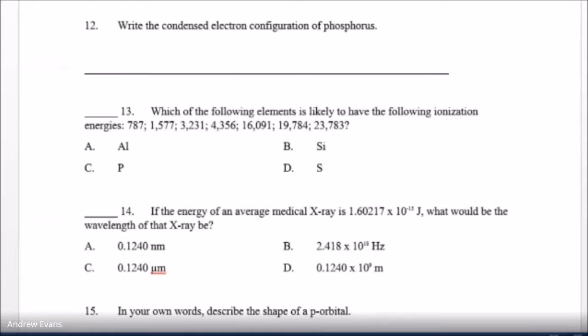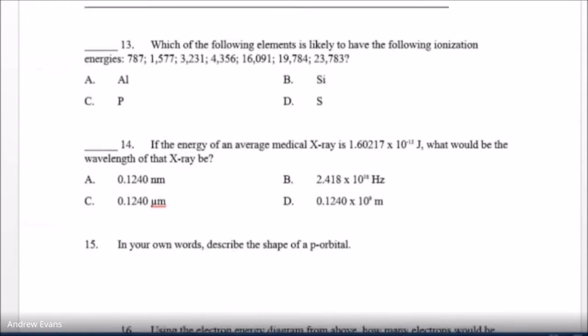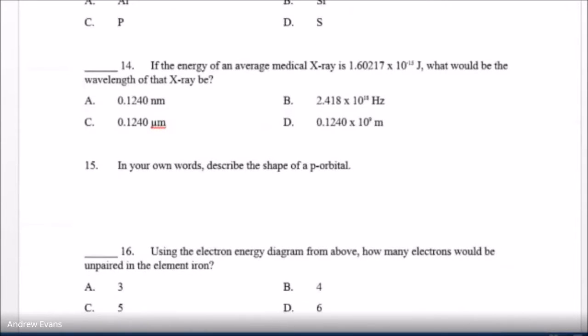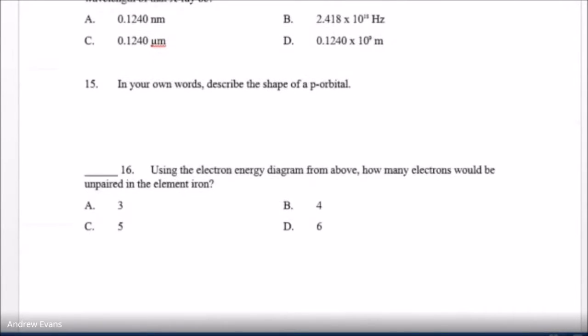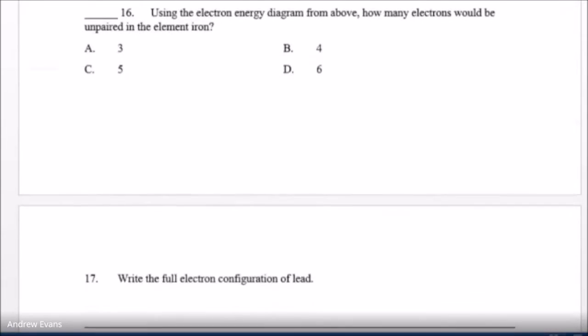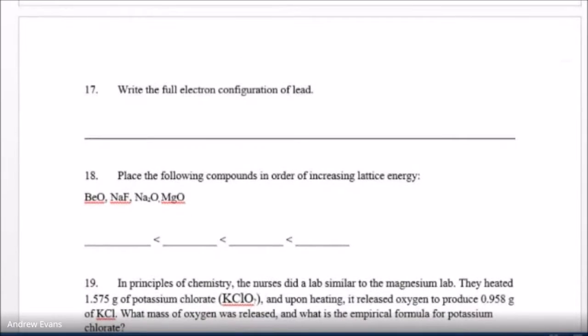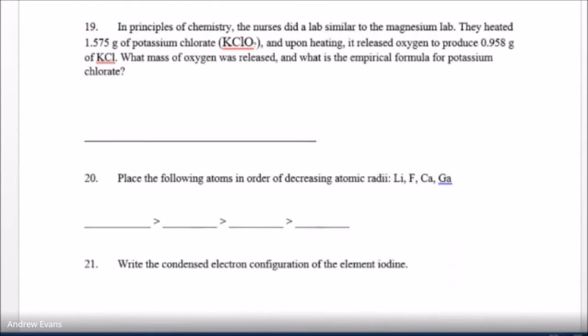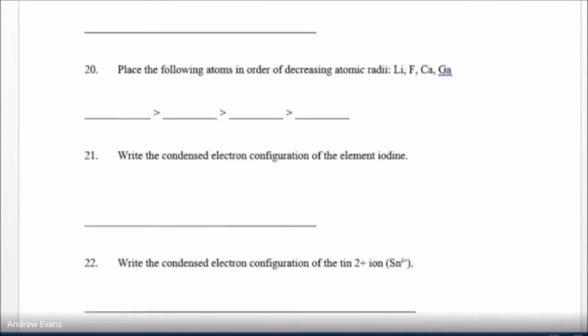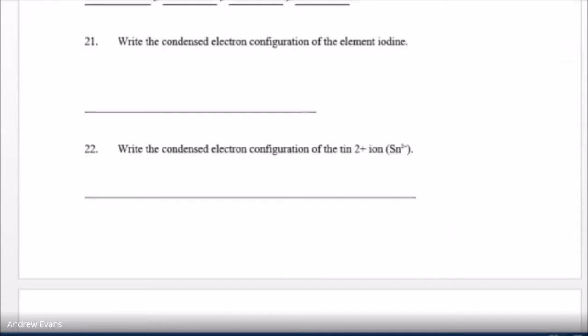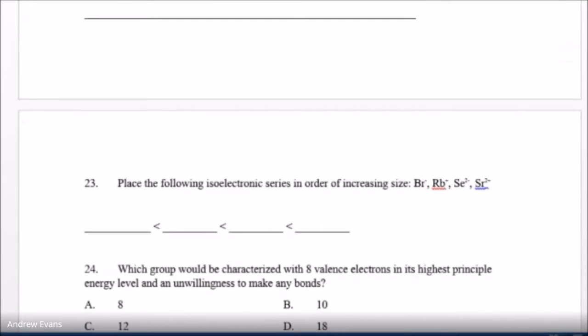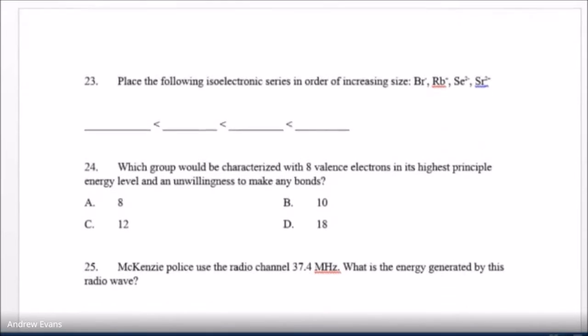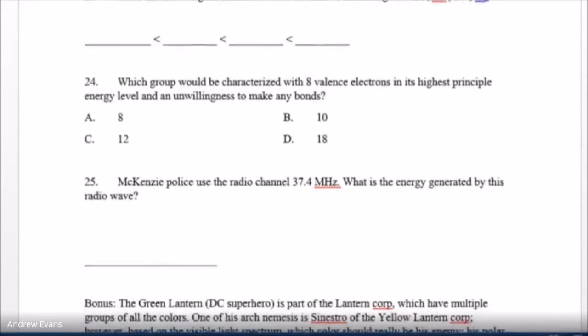Electron configuration, ionization energy, wavelength energy problem, quantum question about p orbitals, unpaired electron problem, electron configuration problem, lattice energy, another lab-based problem we're not going to do, atomic radii, electron configuration of an ion, radius with isoelectronic.